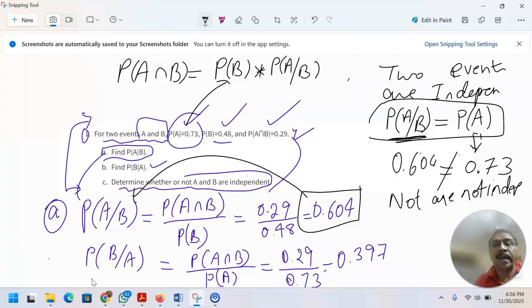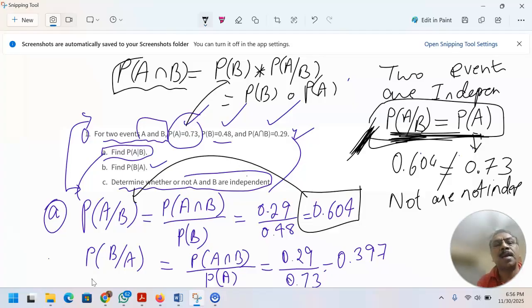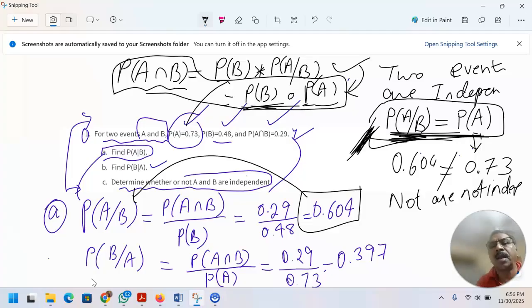Just in case these two pieces are equal, this will be the probability of B times the probability of A. That means the probability of A and B is just the product of the two probabilities. So this formula reduces to this only when they are independent. We will see in another problem how that happens.